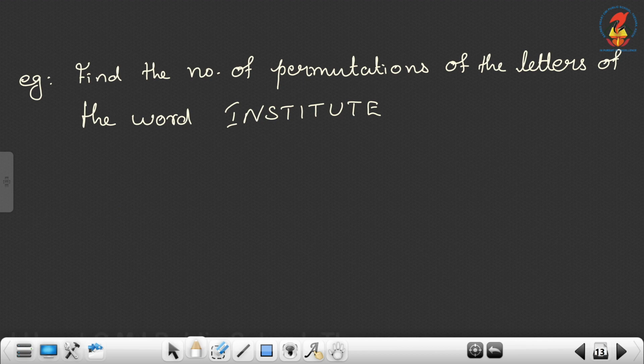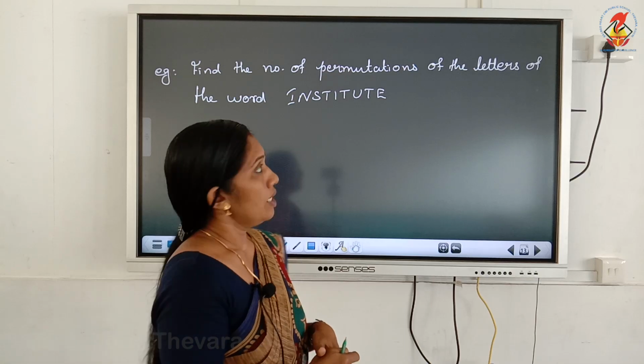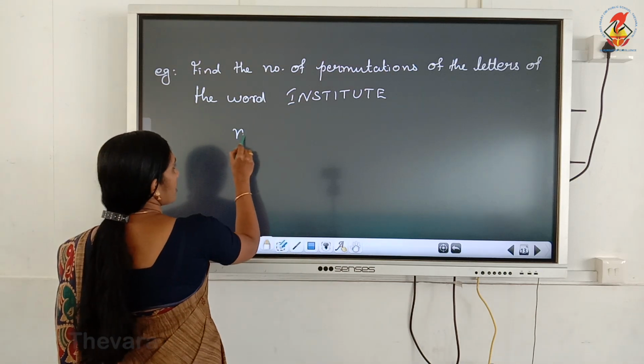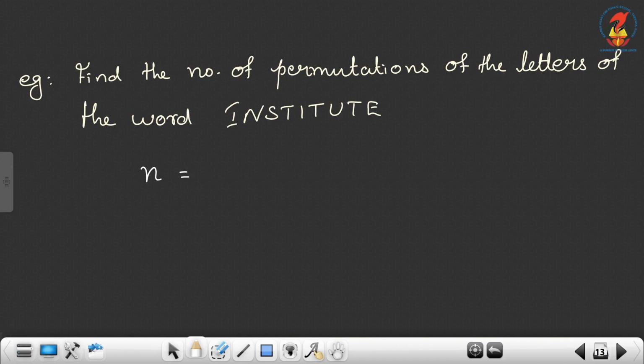Look at this example. Find the number of permutations of the letters of the word INSTITUTE. So what is the number of objects? N is equal to 1, 2, 3, 4, 5, 6, 7, 8, 9. Total 9 are there. Then here T is 3. How many times does T occur? 3 times. How many times does I occur? 1, 2.